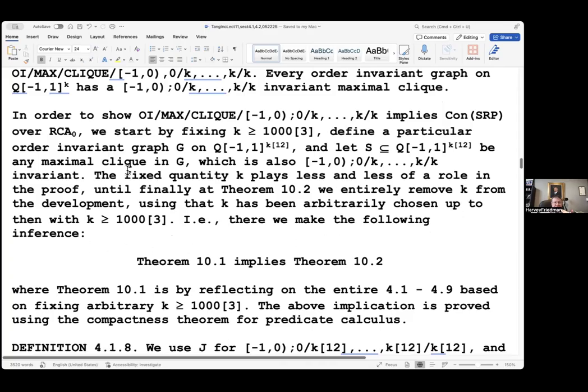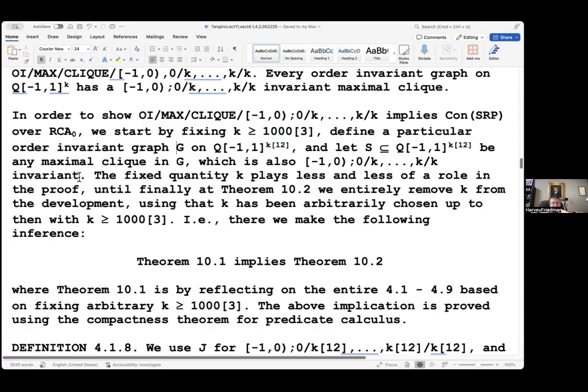All right. Now, the whole reversal starts with fixing a big number. The square brackets 3 means three twos with an exponent with k on top, an exponential stack, right? And we define a particular order invariant graph, and we let S be any maximal clique in G, which is also invariant.